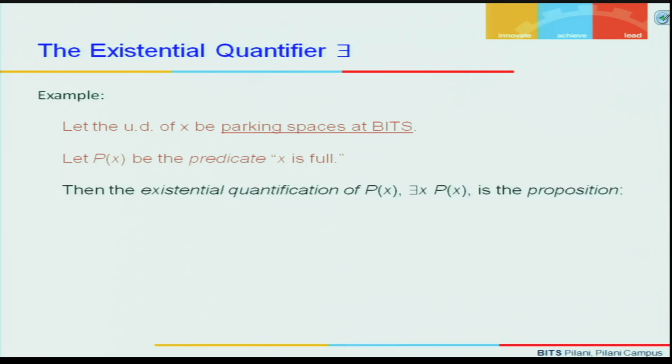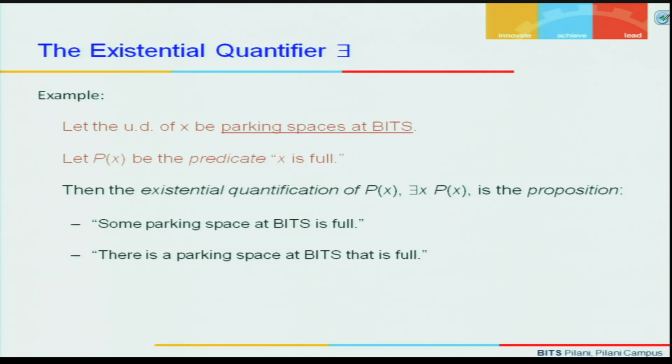Then the existential quantification, there exists x P(x), means that some parking space at BITS is full, or equivalently, there is a parking space at BITS that is full, or at least one parking space at BITS is full. There exists an object in the universe of discourse for which your predicate is true.